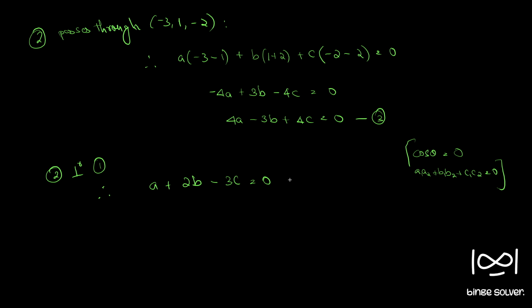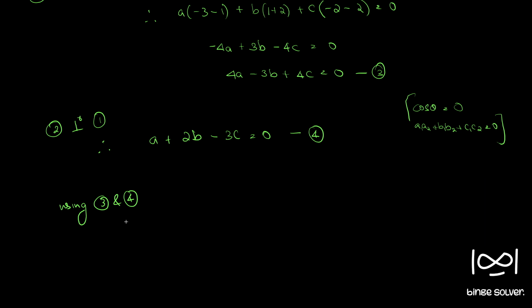So we have this equation, we'll call this a + 2b - 3c = 0. Now using 3 and 4 we can solve for a, b, c. So a becomes a into -3 into -3, which is 9, minus 2 into 4, 8.